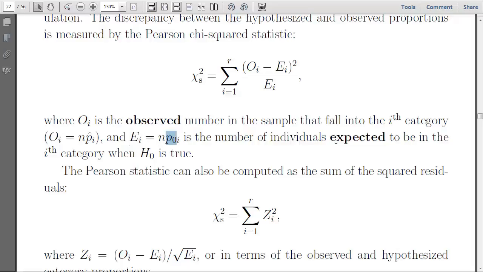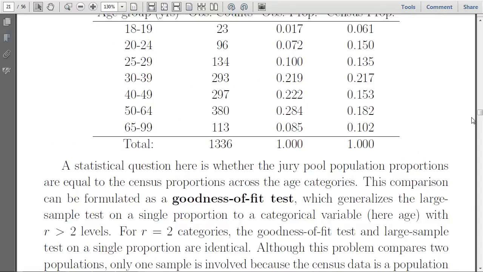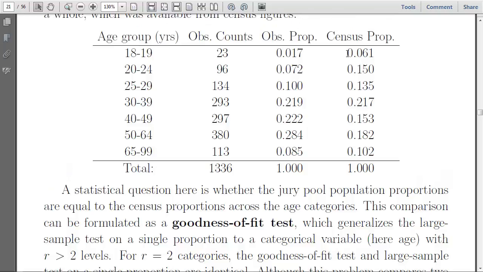We don't usually see the expected frequency, but we can calculate it based on the sample size and the hypothesized proportion. So if I page up for a moment to that table from our example, in the first category, we have 6.1%, and we have a sample size of 1,300. If we multiply those two numbers together, we get an expected frequency. And we would compare that expected frequency to our observed frequency of 23.